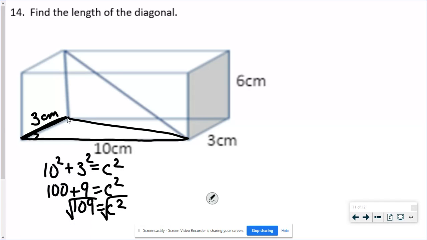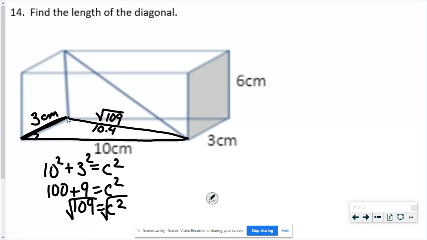So you have 2 options here. You can either leave this as the square root of 109, which is my preference. I really like it that way because it makes my next step easier. Or because everything else that we've done, we say round to the nearest 10th, that would be about 10.4. Okay, so you can use either one, it doesn't matter.